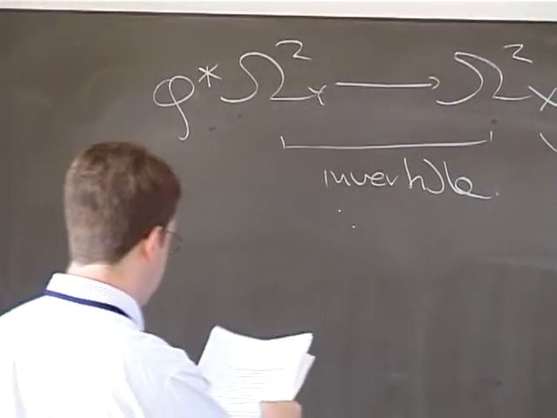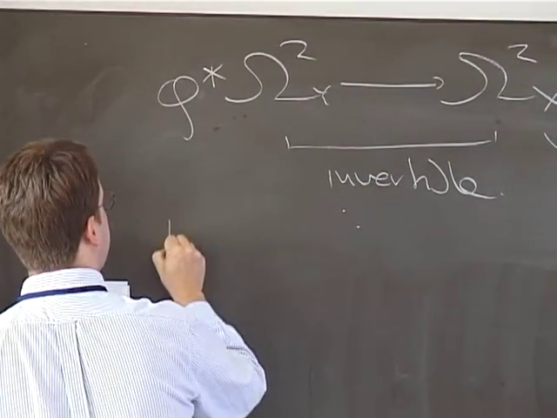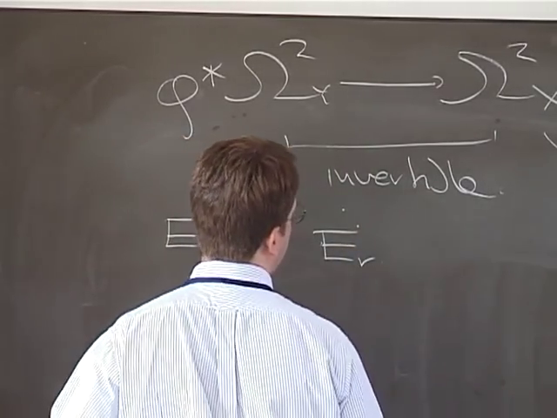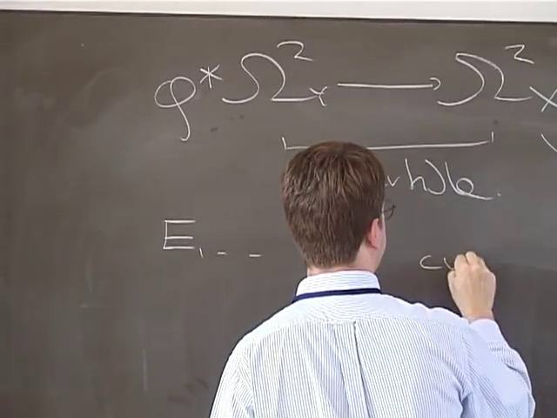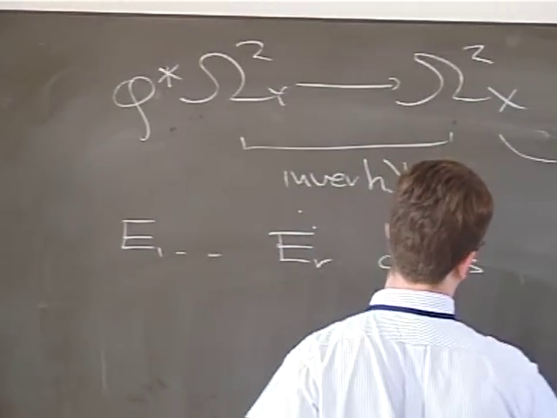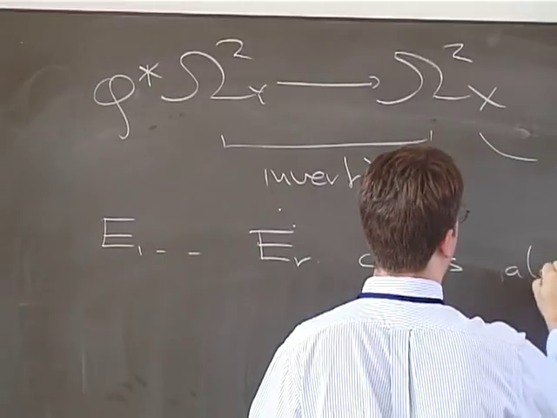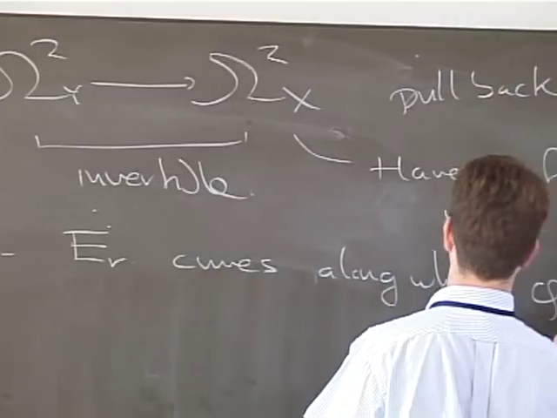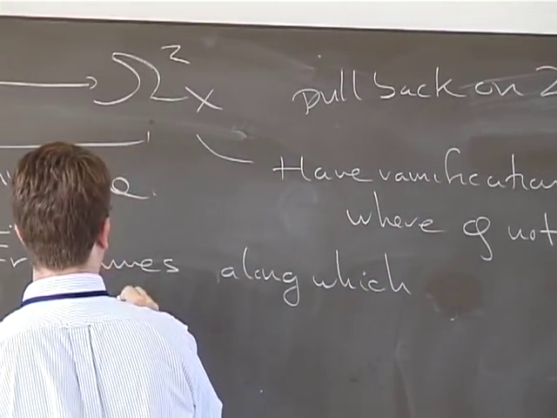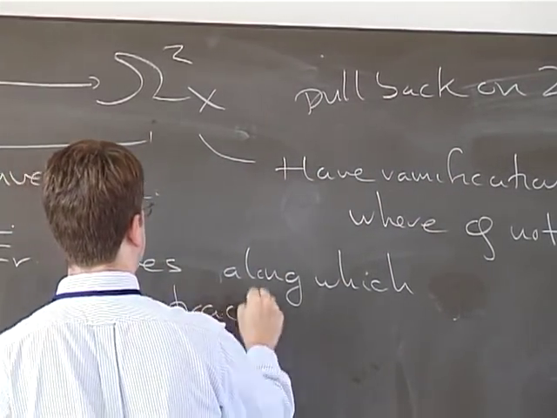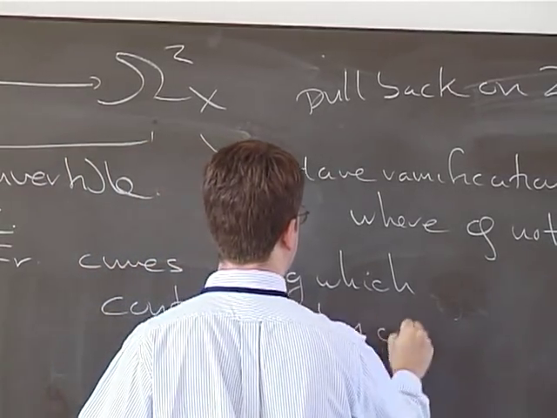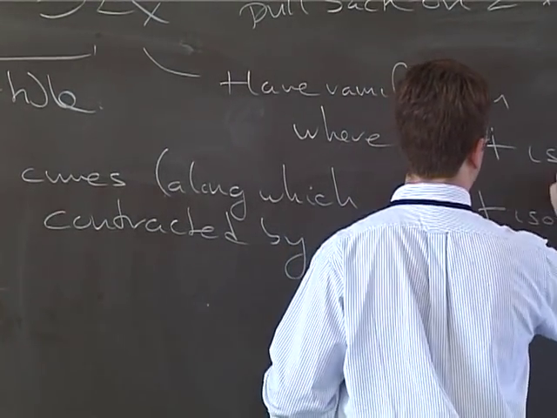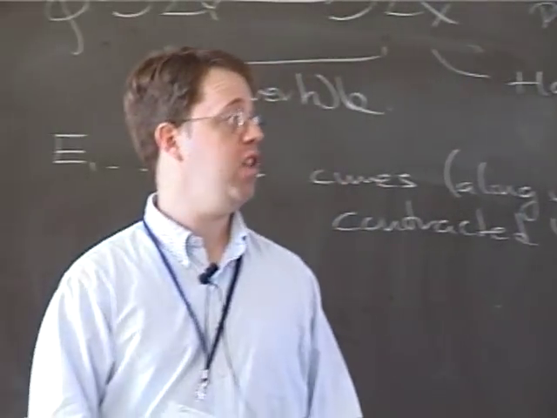So let E_1 to E_r be all the curves contracted by phi, that is, those along which phi is not an isomorphism, or along which we have ramification.